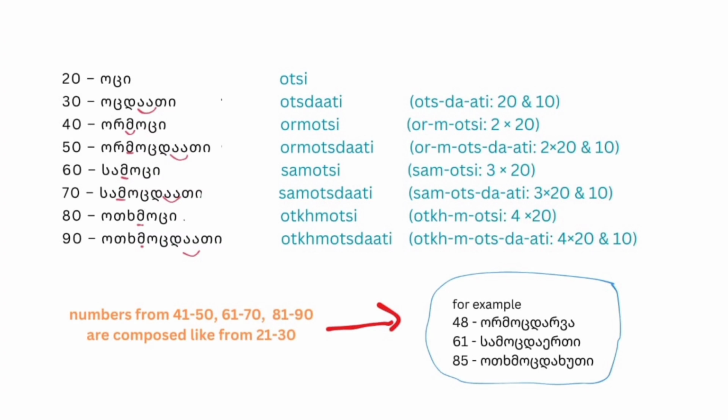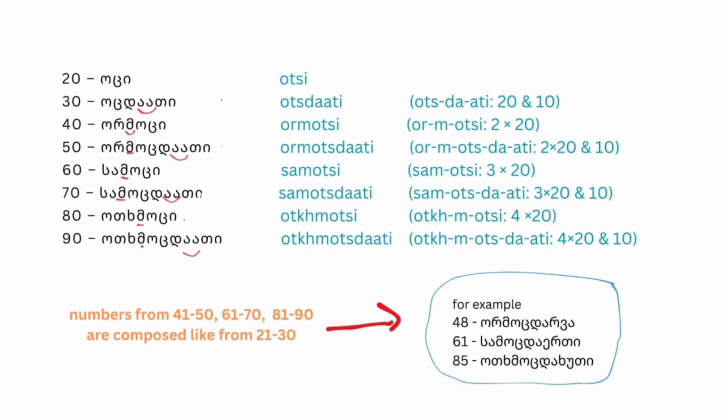But if you say 30, 50, 70, and 90, you have to say the previous number and 10.